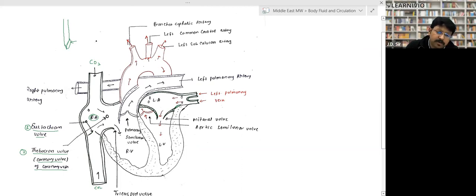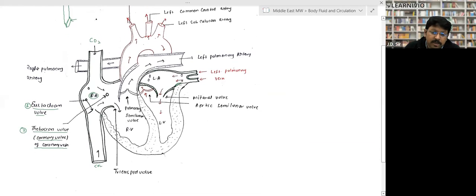So the prevention of the blood going back is protected by the tricuspid valve. Tricuspid valves are three cup-shaped valves. What does it mean? The structure is like this. There are three cup-shaped structures which make the valve.